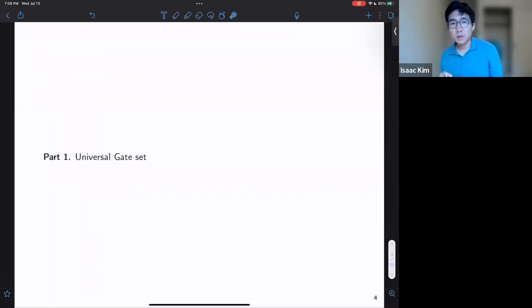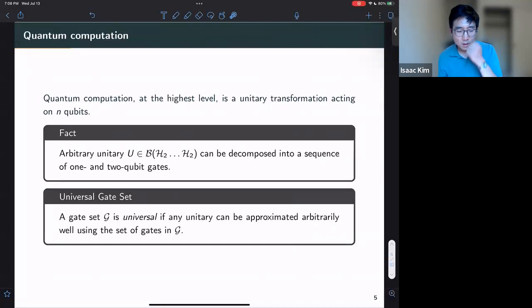Okay, so let me start with a concept called a universal gate set. At the highest level, quantum computation can be thought of as a unitary transformation acting on n qubits, where n is a variable number. And here's an important fact.